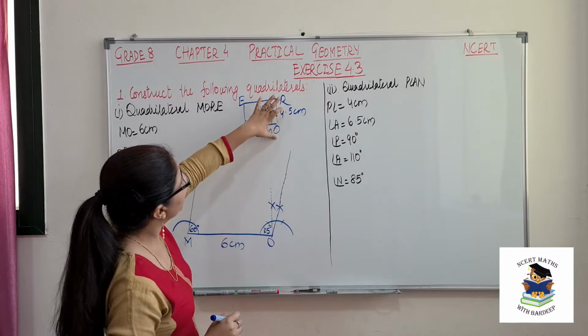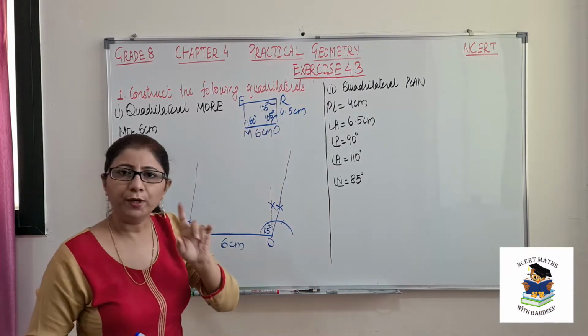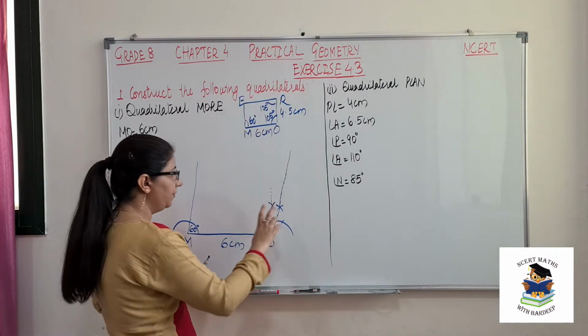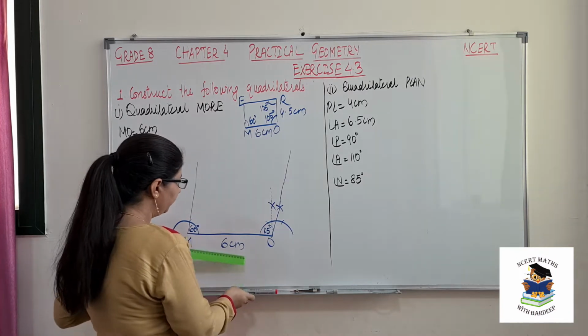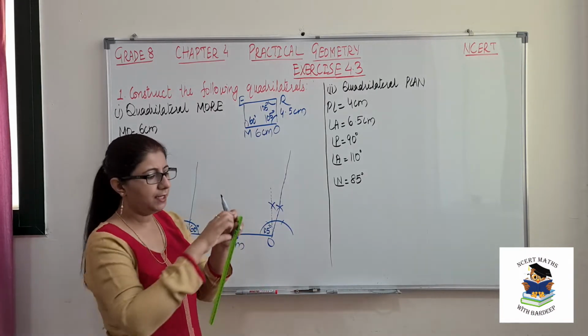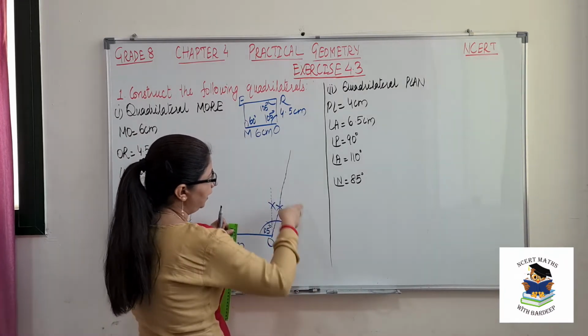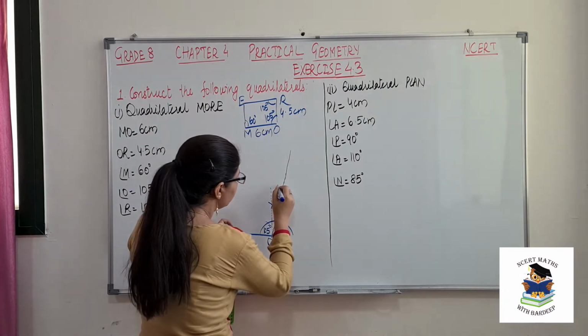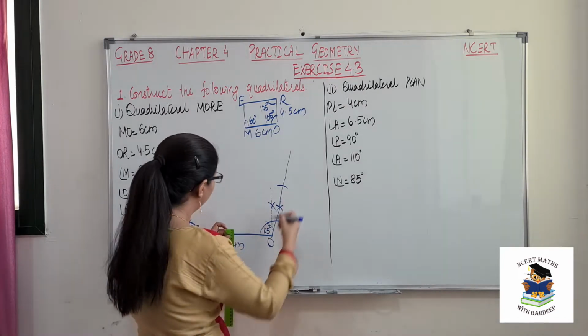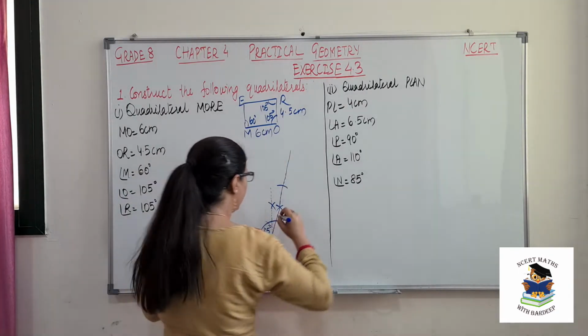Now see, from O to R we have 4.5 centimeters. So with your compass and scale, measure 4.5 centimeter, keep your compass on O and cut one arc. This arc is of 4.5 centimeters, so we will mark it here.